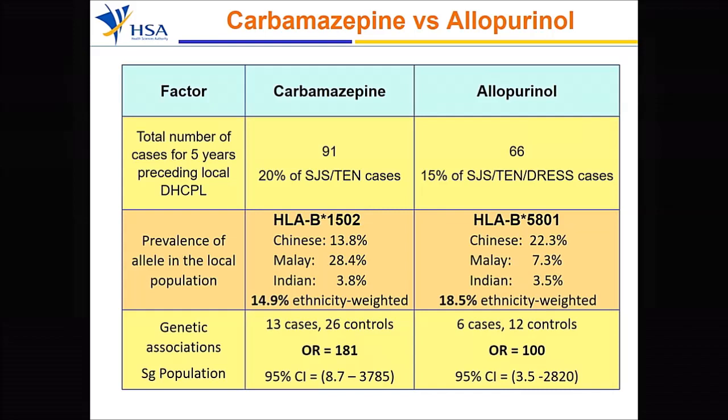Overall, there's an ethnicity-weighted prevalence of 14.9%. I just want to point out that's different from the allele frequency; this is the frequency of both heterozygotes and homozygotes. For 5801, this is very common in the Chinese population, less so in the Malay and Indians, for an overall ethnicity-weighted population prevalence of 18%.